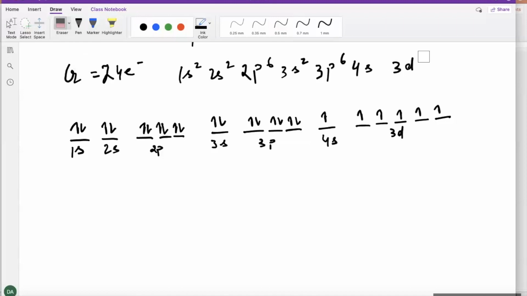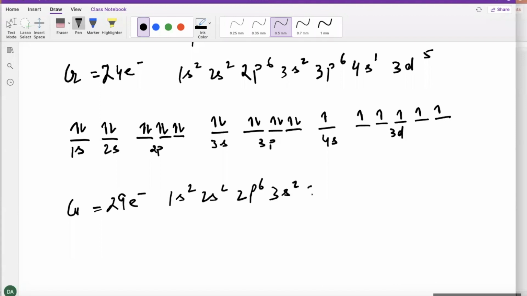Okay, so guys, let's rewrite this. It's 4s1 and 3d5. Now guys, it's going to be your job to work on copper, which has 29 electrons. Something similar happens. 1s2, 2s2, 2p6, 3s2, 3p6, 4s2. This is 20 electrons so far, and then it should be 3d9.